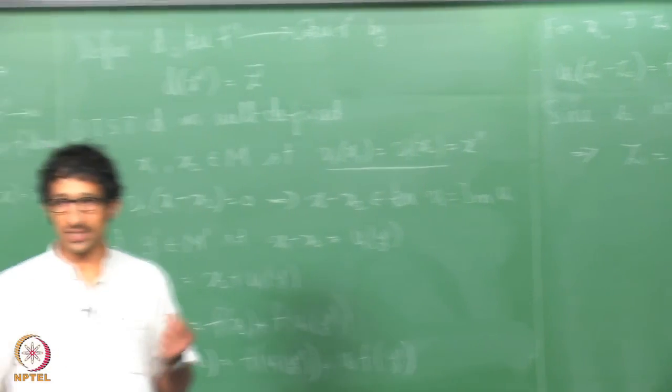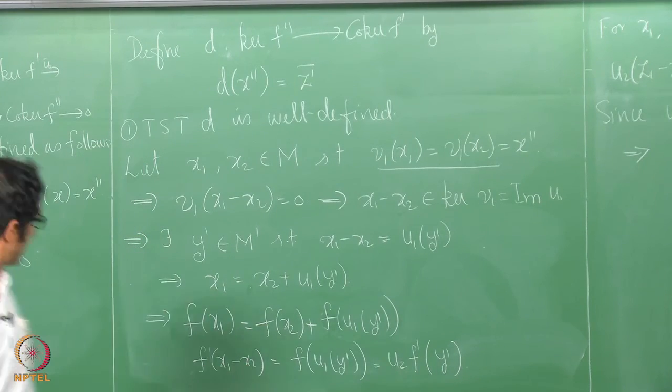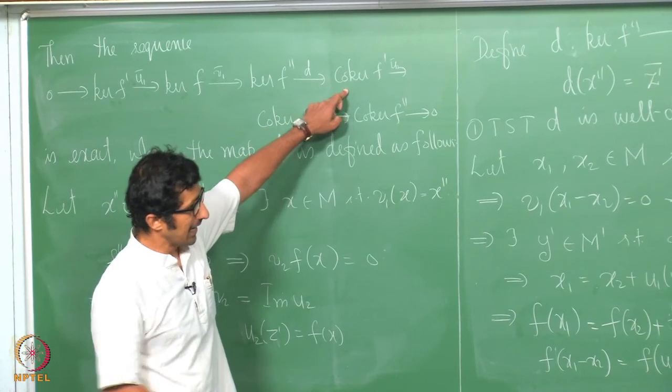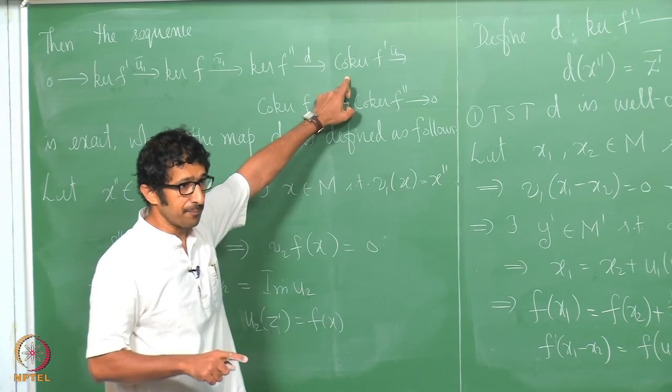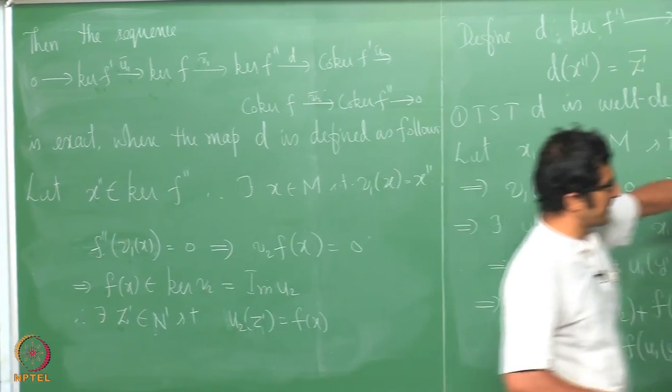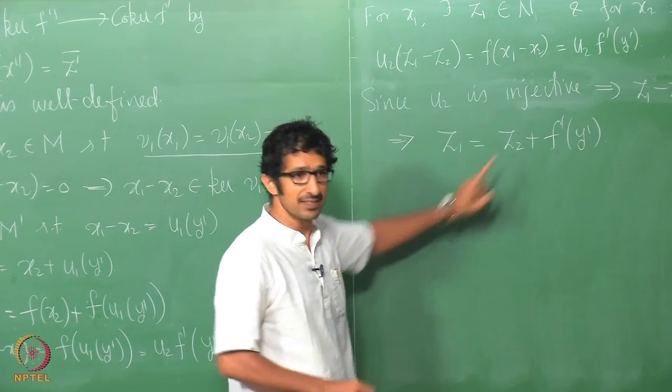But what is the co-kernel of f prime? The co-kernel of f prime is N prime modulo the image of f prime. So modulo the image of f prime, z1 bar is the same as z2 bar.